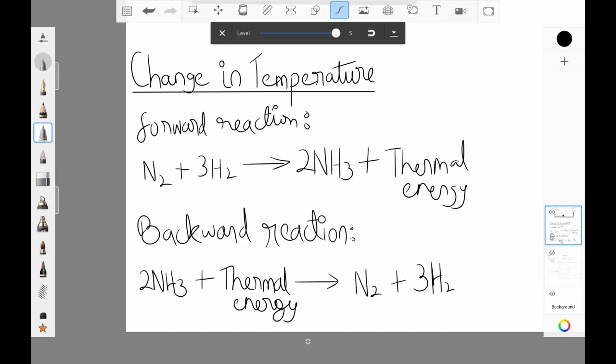Now, a change in temperature actually affects both the forward and backward reactions separately and differently.